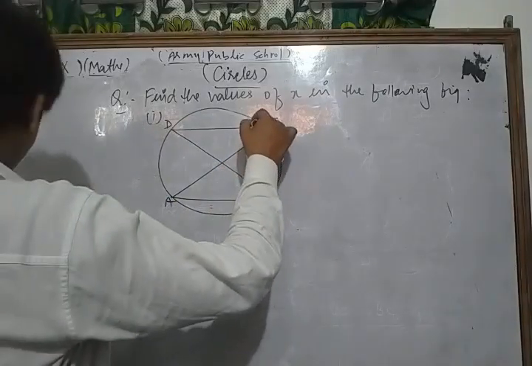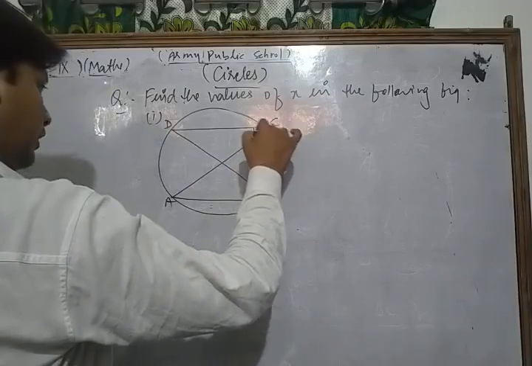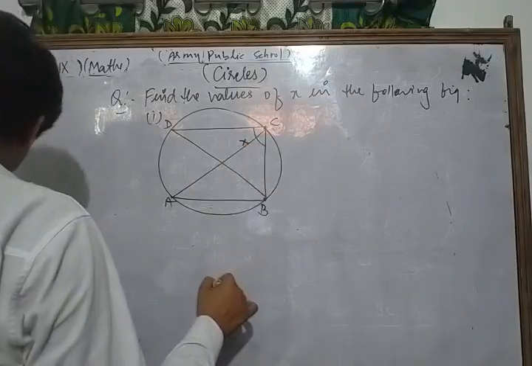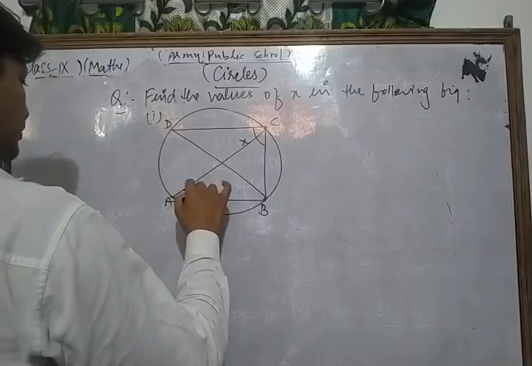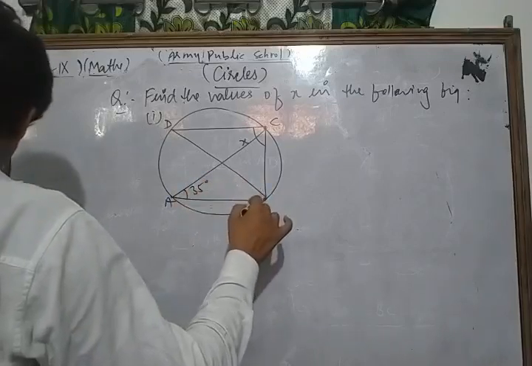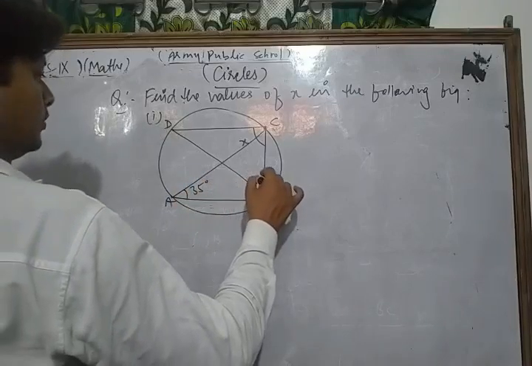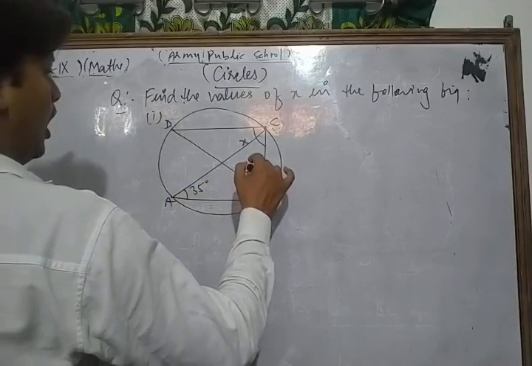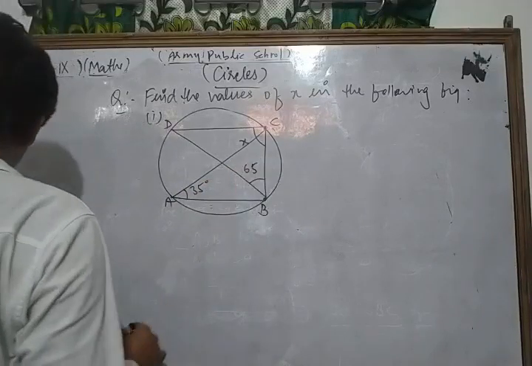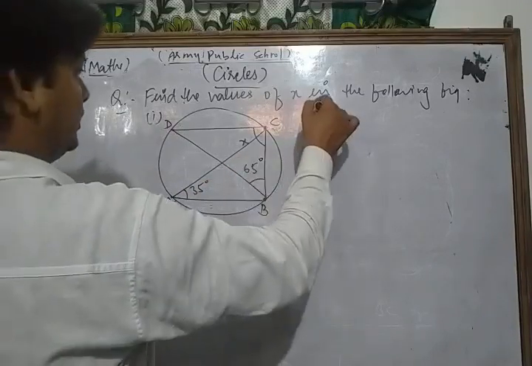This is the value of x. This is 35 degrees, and this is 65 degrees.